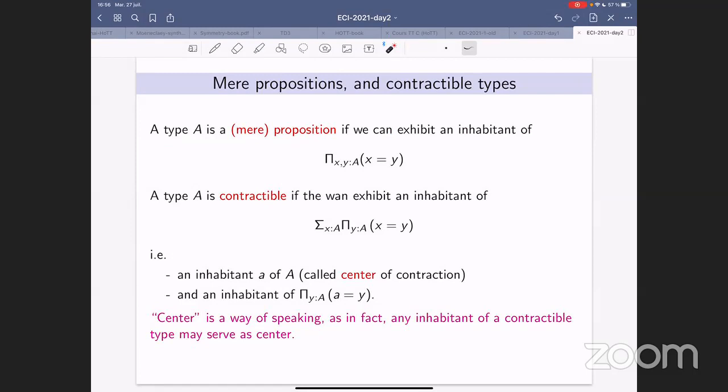So this is what I'm going to do in the last 4 minutes to give you some definitions.